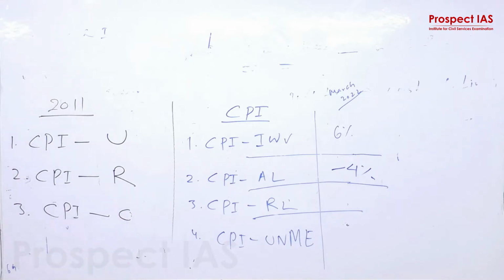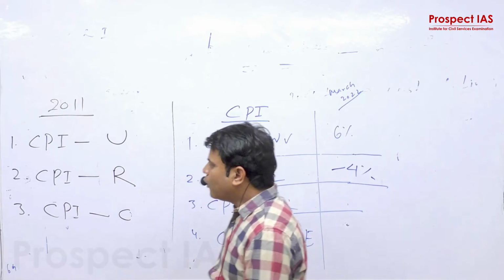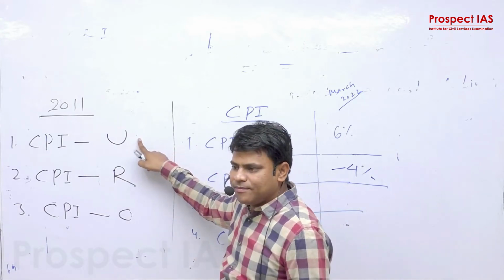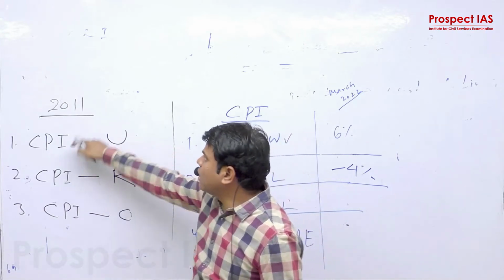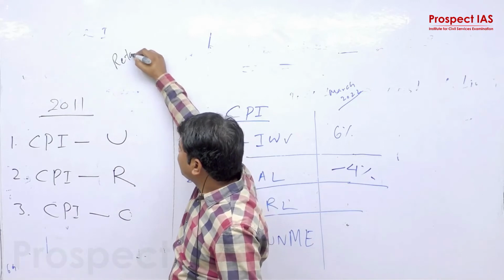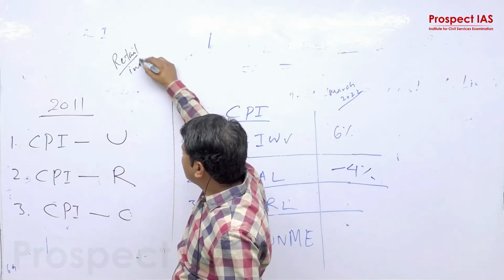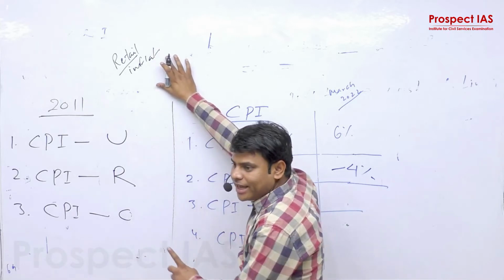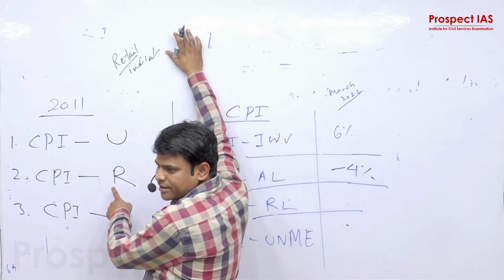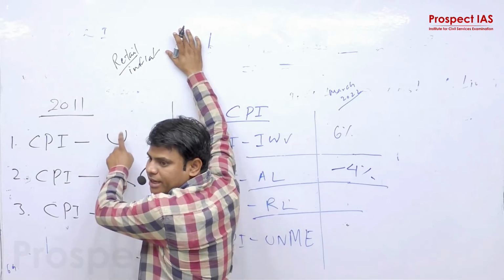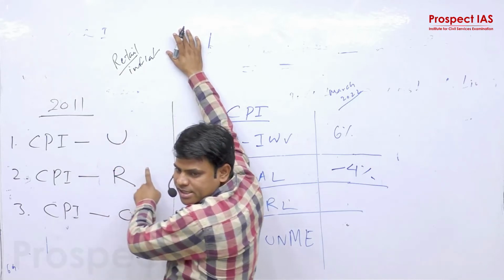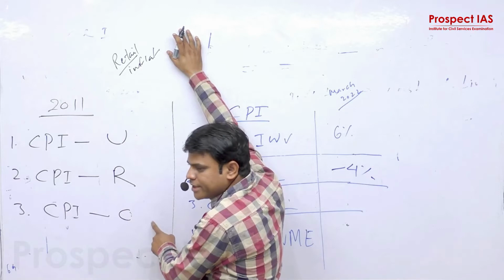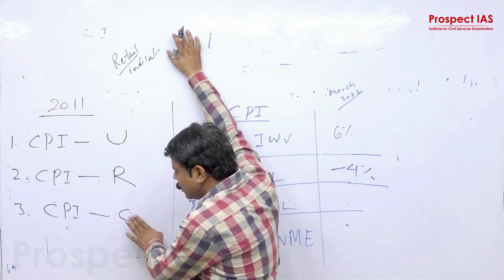This is CPI for country or combined. You got this point? Now we are calculating inflation, retail inflation. CPI is all about retail inflation. So now we are calculating retail inflation area wise. You can see what is inflation in urban areas, what is inflation in rural areas, and what is inflation in our country as a combined, right?